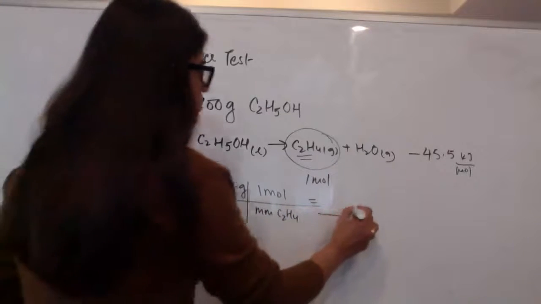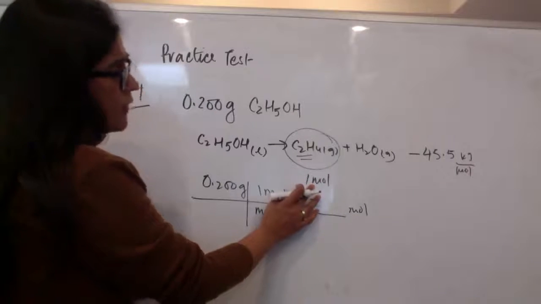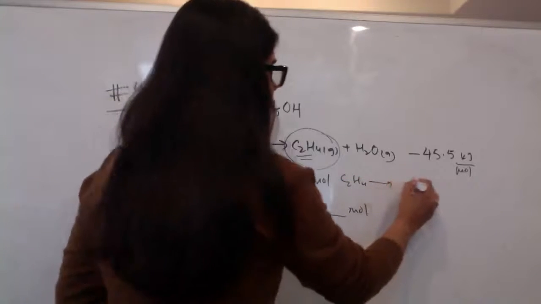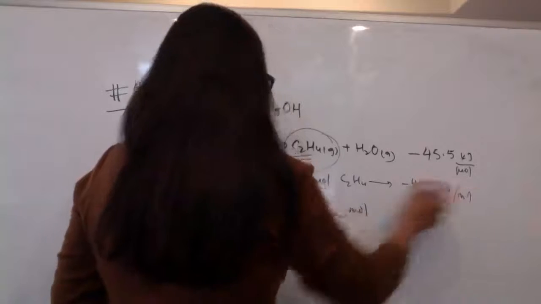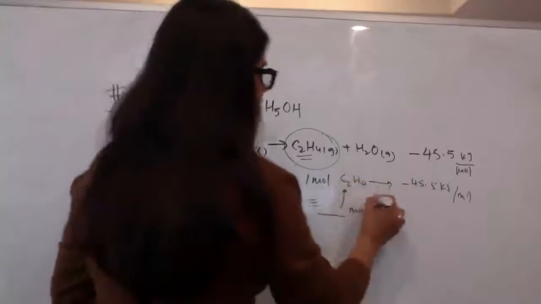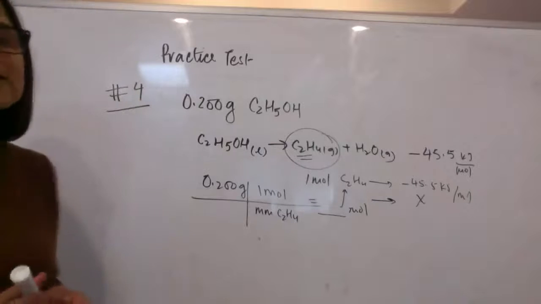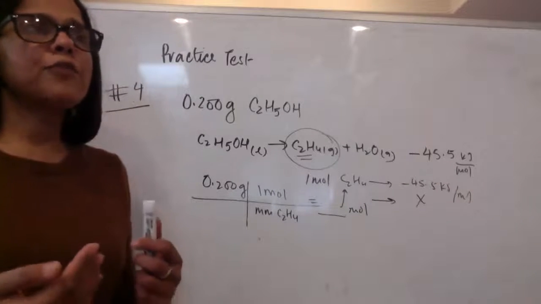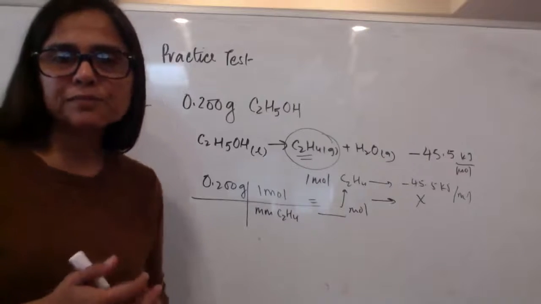So you know how many moles that is, and then using the ratio, when 1 mole of ethylene C2H4 is produced, you make negative 45.5 kilojoules per mole. And when this many moles are produced, how much heat will be produced? So this is an example where you use the extensive property of heat produced based upon the amount.